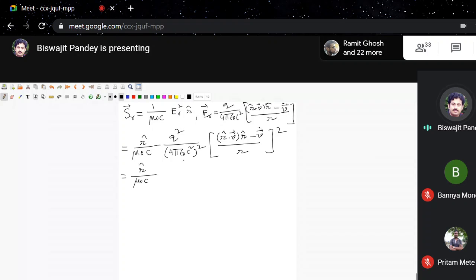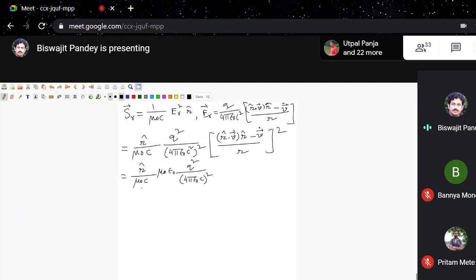Let me write down it to be Q square divided by 4 pi epsilon 0 C square. So epsilon 0 square is there, C square. So 4 pi epsilon 0 C square. So I have to introduce an epsilon 0 here. So epsilon 0 square, mu 0, 1 by mu 0 C, that will be Q square times 4 pi epsilon 0 C whole square. So I have to multiply mu 0 and epsilon 0 here.